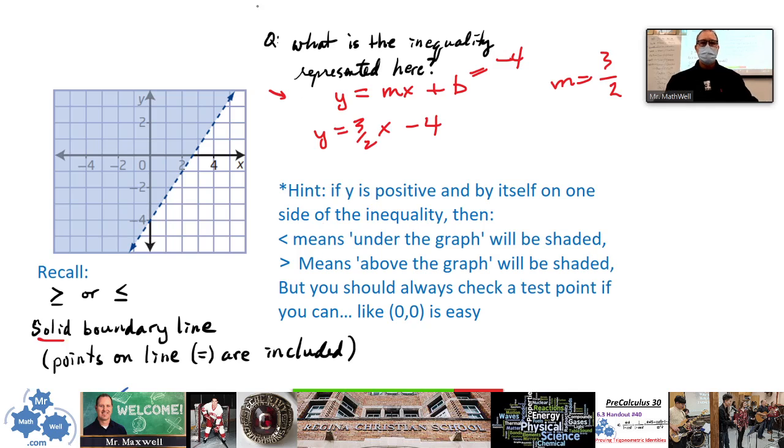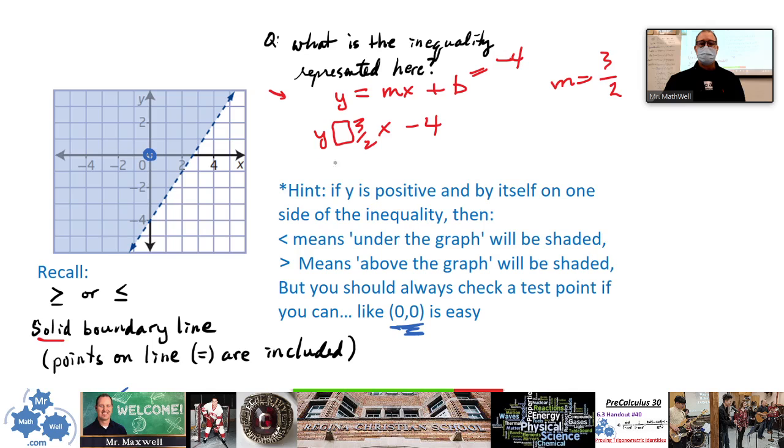Now we're not done because this is an equation and I don't want an equation. Instead, I want to change this equation to an inequality that is satisfied by all the points that are shaded. I always hint, use 0, 0 as a test because that's always easy to do. So here's 0, 0, and that's part of our solution region.